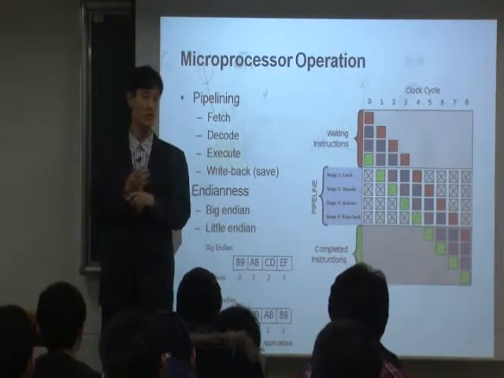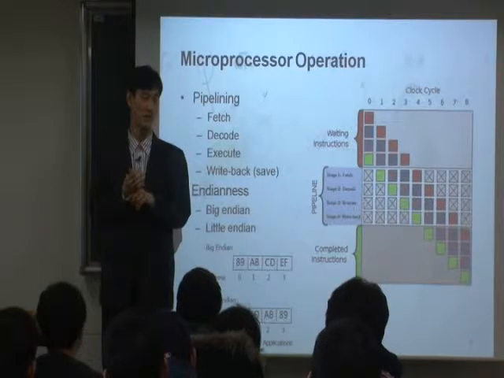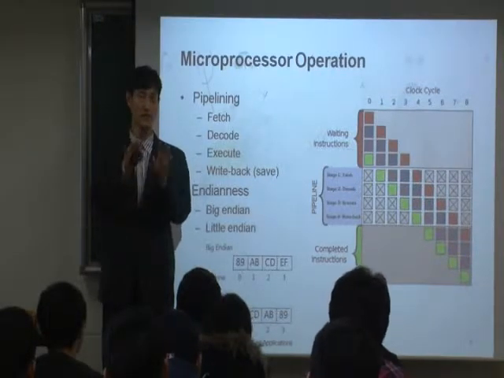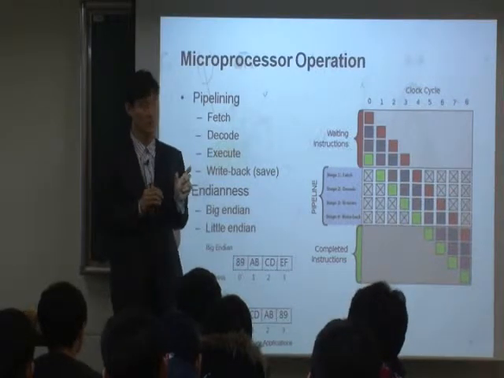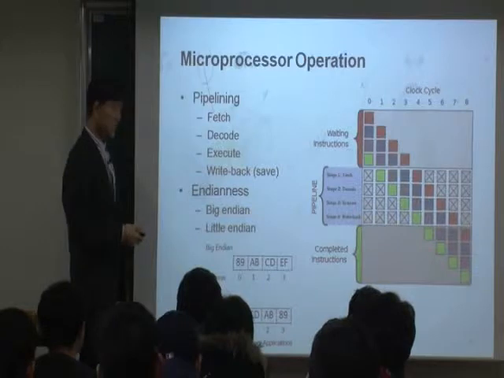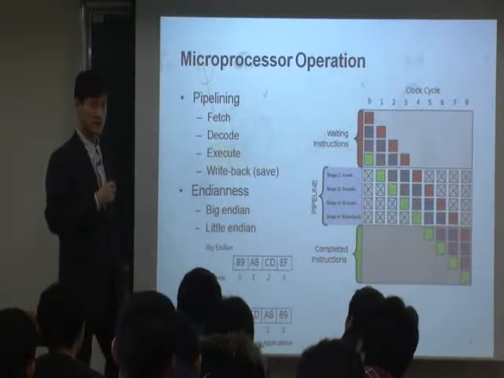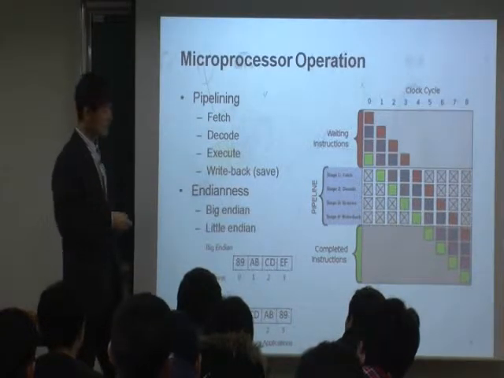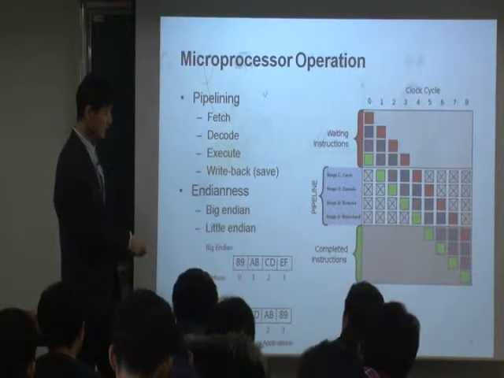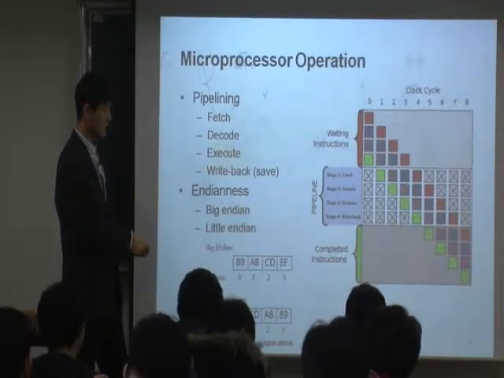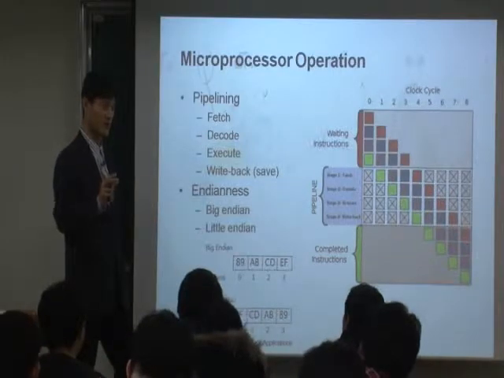What's the size of an integer? On a PC, it's 32-bit. If you declare an int, that's going to be 32-bit, which is 4 bytes. So let's say in your 32-bit, you have a value like 89ABCDEF. This is an example.